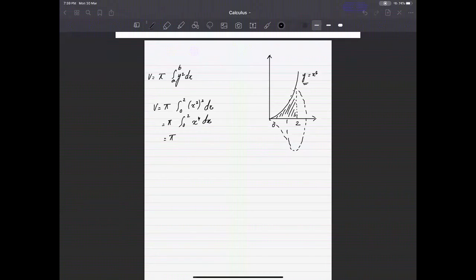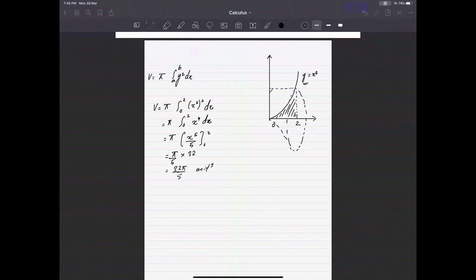Pi x to the power 5 over 5, the limit 0 to 2. And this becomes pi by 5 into 2 to the power 5, that's 32. So guys, 32 pi by 5. You can also write this down in decimals unless the examiner asks you to find out the exact volume. This would be the volume formed when the area under this curve rotates 360 degrees about the x-axis.